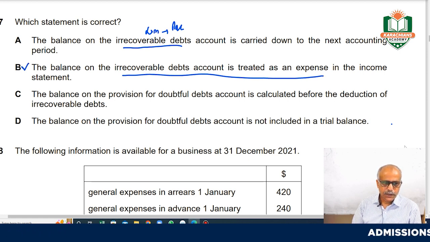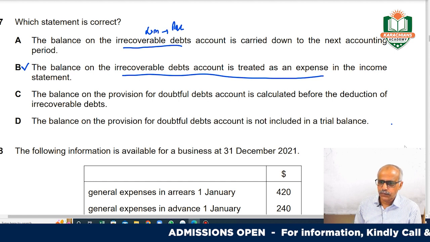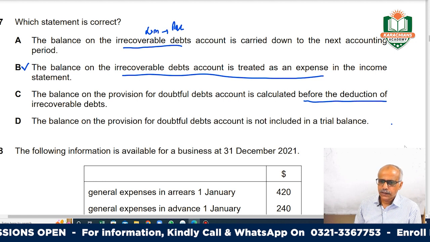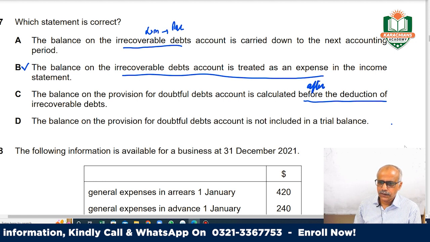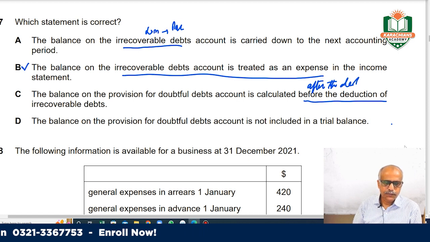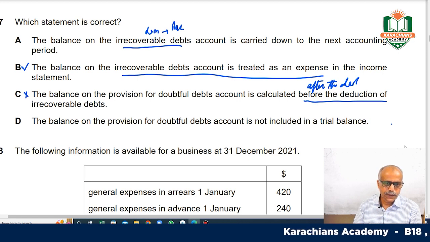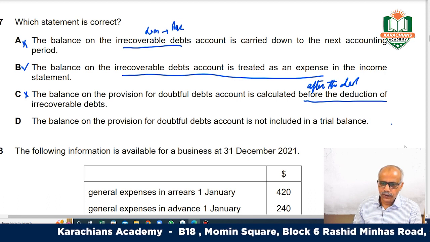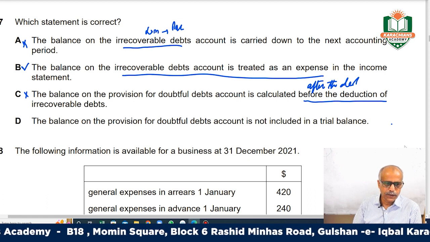The balance on the provision for doubtful debts account is calculated before the deduction. No, not before the deduction but after the deduction. First we make the deduction, then we calculate. So this is also wrong. The balance on the provision for doubtful debts account is not included in the trial balance.